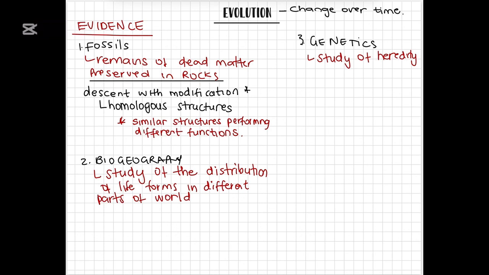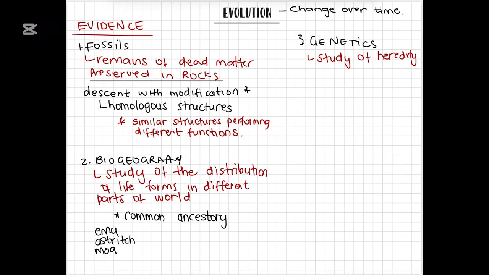Now with biogeography, on the other hand, it's more of common ancestry between organisms that are found in completely different parts of the world. Like in South Africa, we have an ostrich. In Australia, we have an emu. These are flightless birds that have similar characteristics, but they are completely different species. So in grade 10, you spoke about continental drift and why we have such organisms that are far apart, but they have similar characteristics.